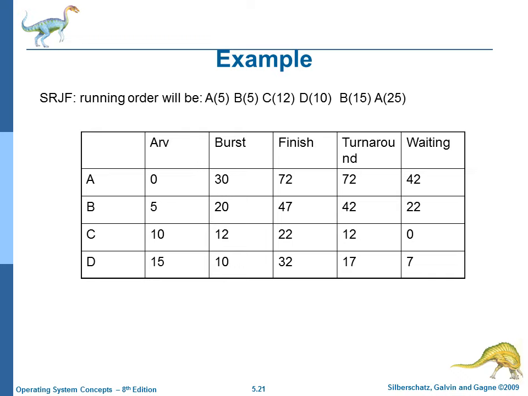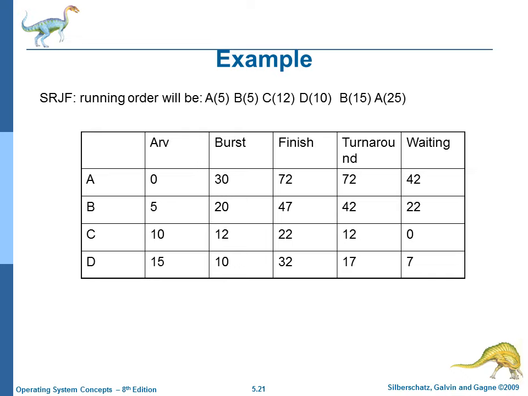The waiting time will be 42 for process A, 22 for process B, 0 for process C, and 7 for process D. From this example, we can conclude that shortest remaining job first is a very good choice for short processes among long ones.